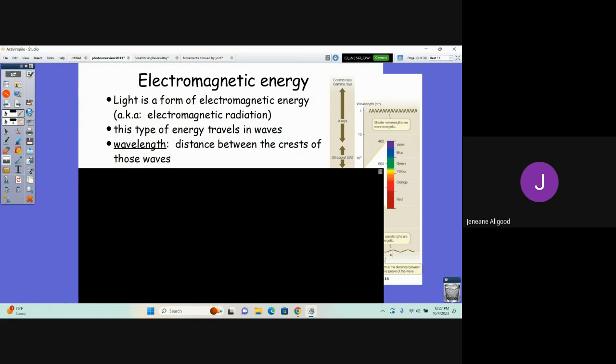Okay, so wavelength is the distance between the crests of those waves. So this may not be something you've done in a while or maybe ever, but we say that light travels in waves.